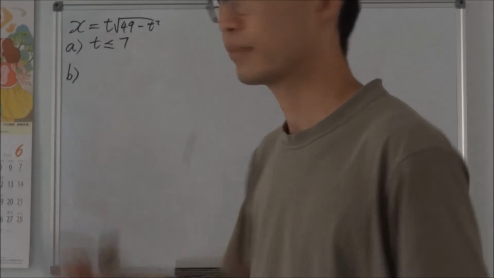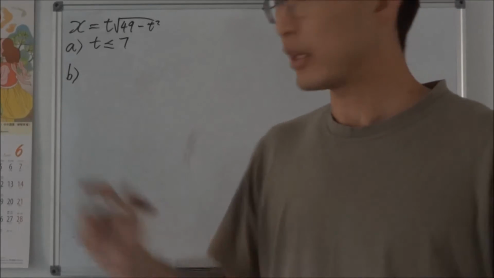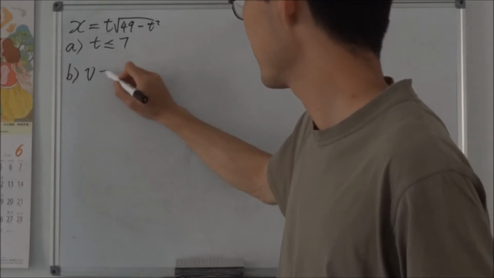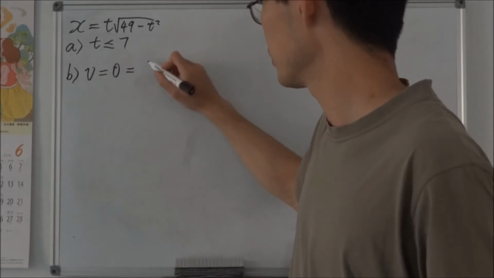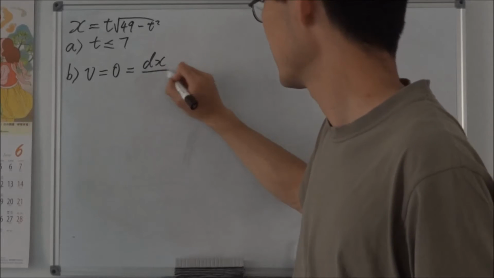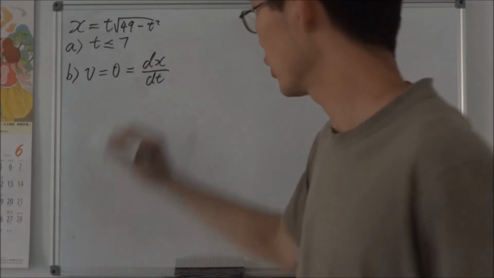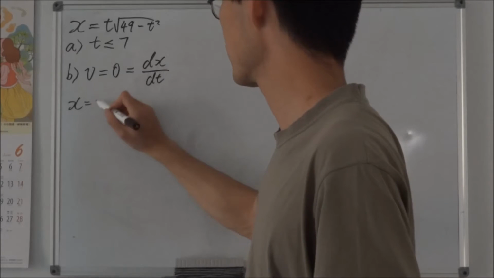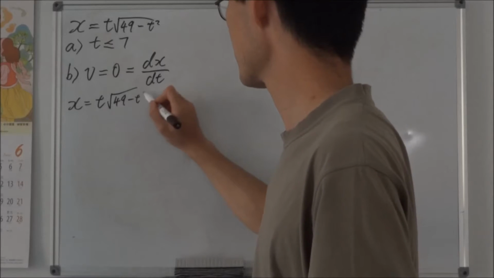For part B, when does the particle come to rest? It's asking for the time where v equals 0, which is also differentiating the distance with respect to time. So we just differentiate x equals t times the square root of 49 minus t squared.